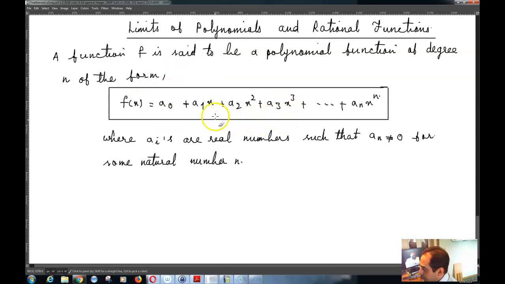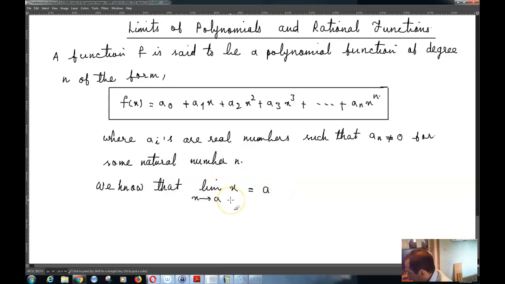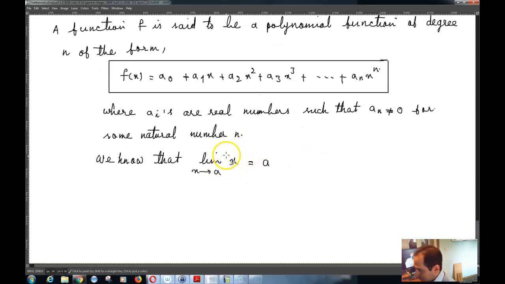The way that we can do it, we know that the limit of x as x tends to a is equal to a, and the reason for that is, hopefully you know the reason, but if you don't, you can think of this x over here as a complete function, meaning that you have f of x is equal to x, and if I take f of x is equal to y, then y is equal to x.